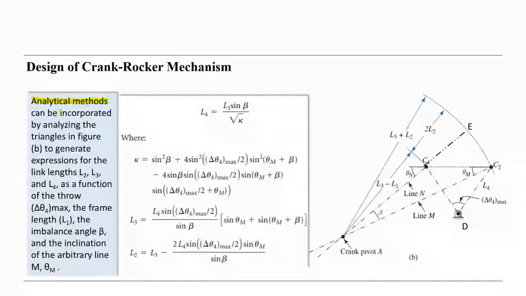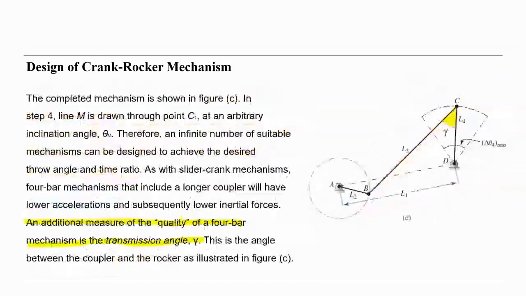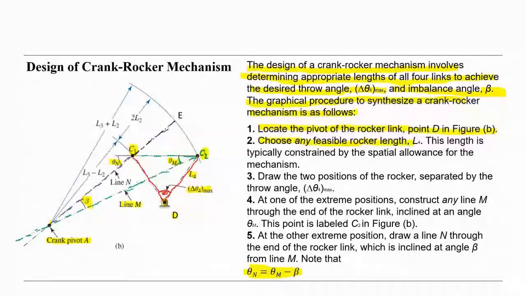The analytical method can be incorporated by analyzing the triangles in the figure, to generate expressions for the link lengths 2, 3, and 4 as a function of the throw delta theta 4 max, the frame length L1, the imbalance angle beta, and the inclination of the arbitrary line theta m, or line M. You see here in the design we discussed line M and arbitrary angle theta m.